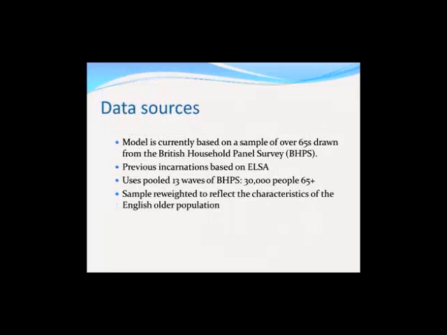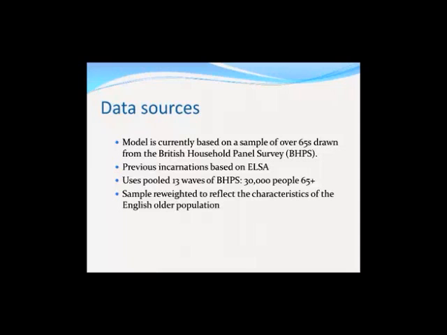In terms of data sources, I'm not going to describe my data a tenth as detailed as you did. Basically, we've pooled 13 waves of the HPS in order to have a lot of cases in our analysis.